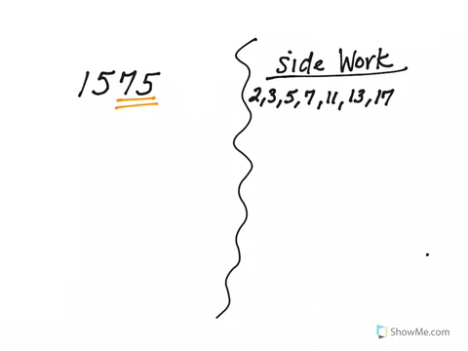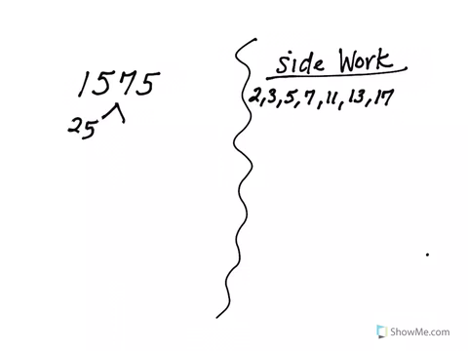So I want to break this down. When I break down, I do what kind of math operation? I'm doing division. I'm trying to split it up, make it a little bit smaller. So I know for sure, because it ends in 75, I can divide it by the number 25. It's not a prime number, so I'm not going to circle it.